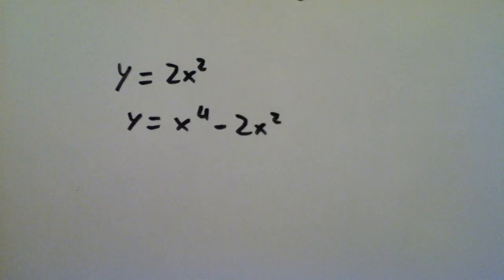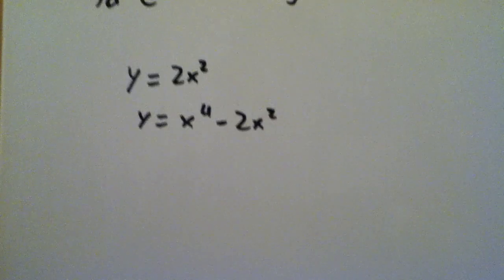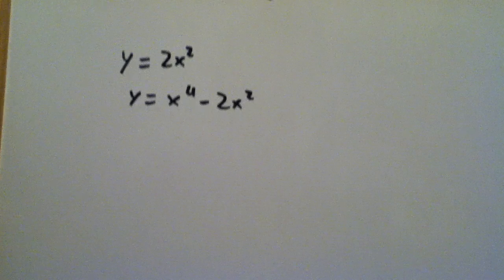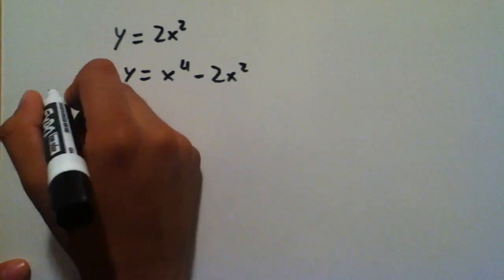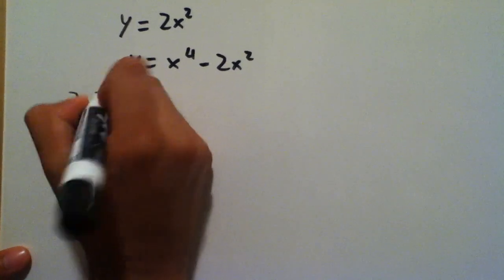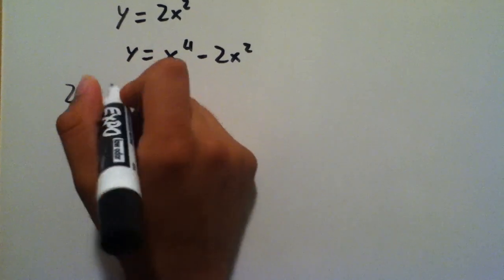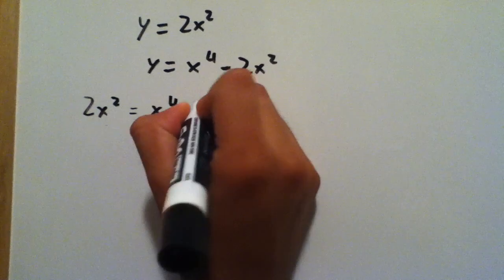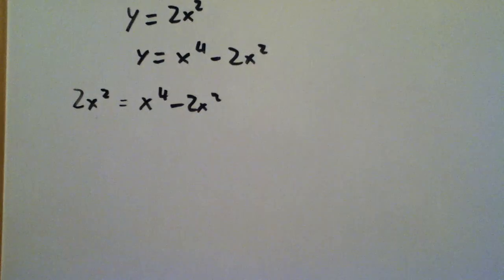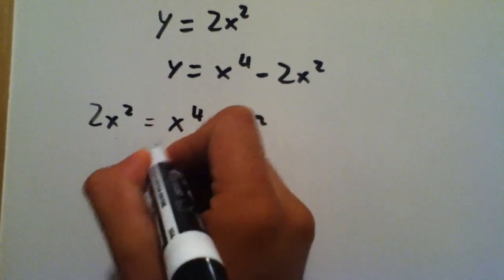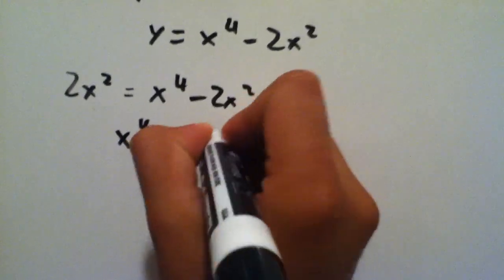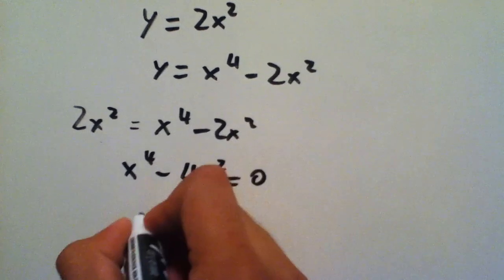So the first step in this problem would be to find the points where these two curves intersect. Very simply, we can equate these two. 2x squared is equal to x to the fourth minus 2x squared. If you take this to that side, you get x to the fourth minus 4x squared is equal to 0.